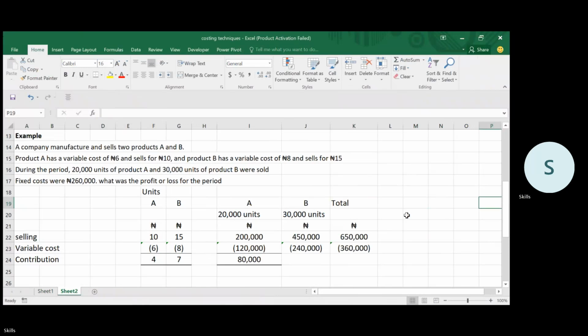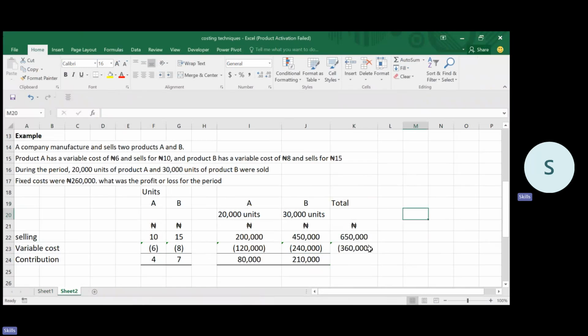Then B now, the 450,000 minus the 240,000, we will have 210,000. 450 minus 240 will give us 210,000. This is the contribution of product B. So by the time we add these two, it should give us the same as when we subtract the variable cost from the revenue.